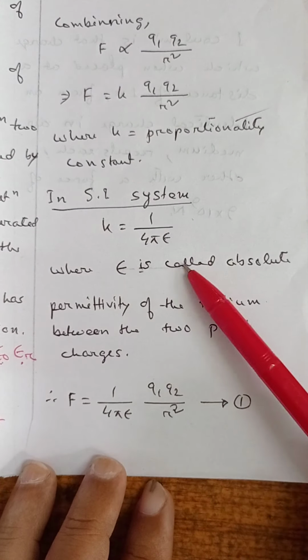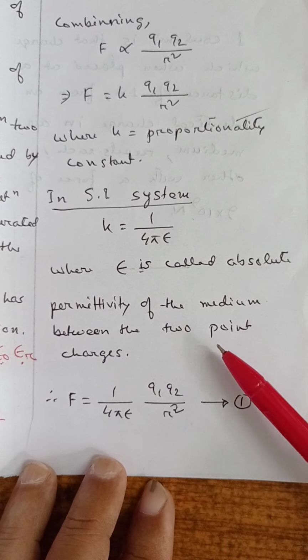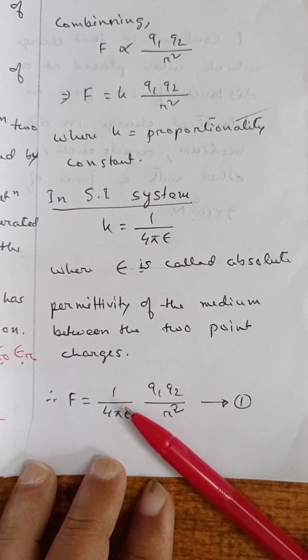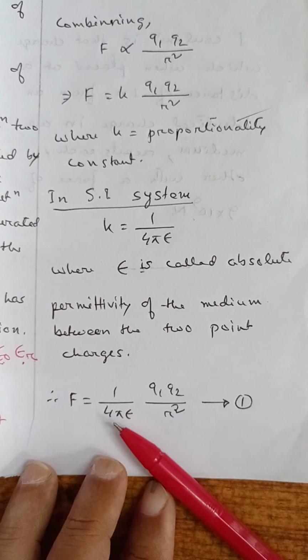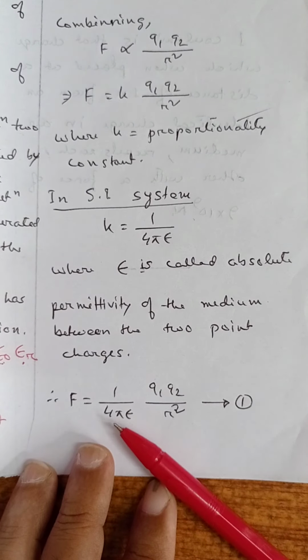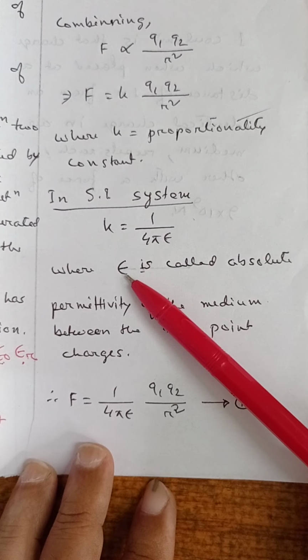Epsilon is called the absolute permittivity of the medium between the point charges. That means if we change the medium between two point charges, the force of interaction between the same two point charges will be different. Is it clear? If we change the medium, the value of epsilon changes.